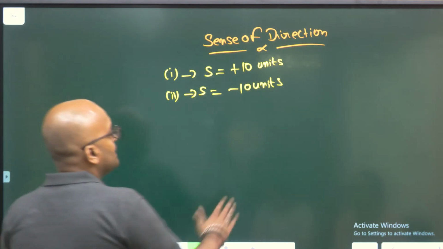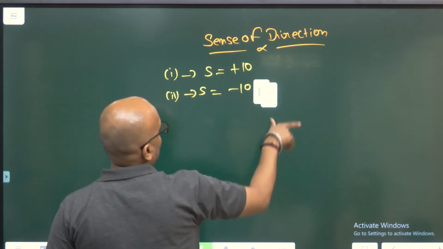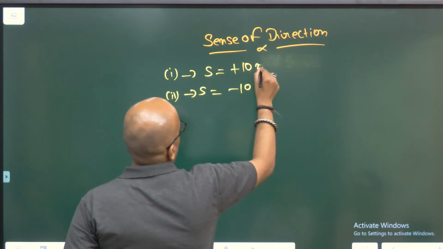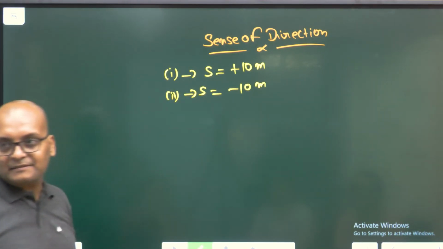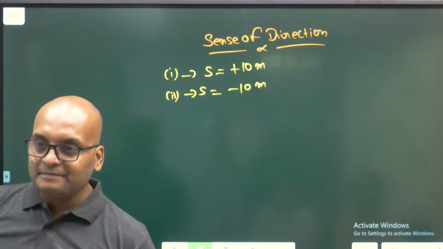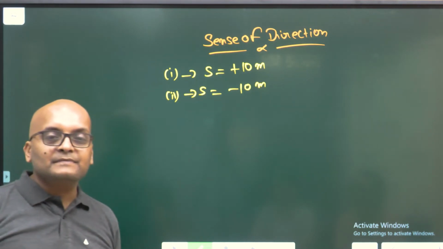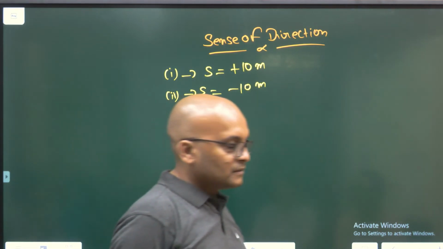Unit means meter, centimeter, kilometer, hectometer, whatever you want. Light year. Meter. Not any direction.